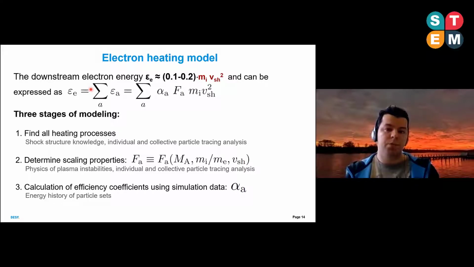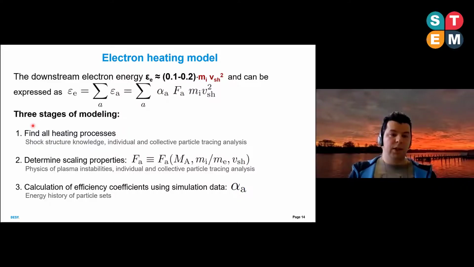That is confirmed both by simulations and observations. And we always see that some part, 10 to 20% of the upstream ion kinetic energy, goes to the electrons. So if we imagine that we have different processes responsible for electron heating inside the shock, you can split this final energy into the sum of energy budgets from individual processes.